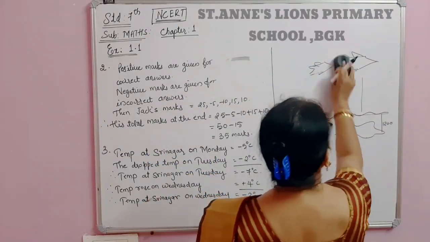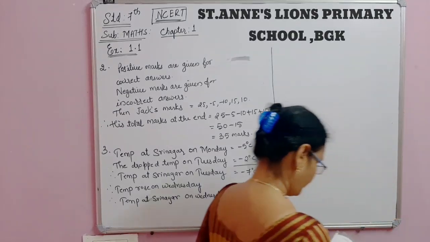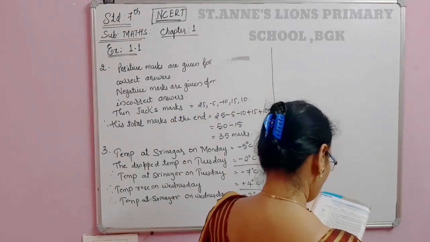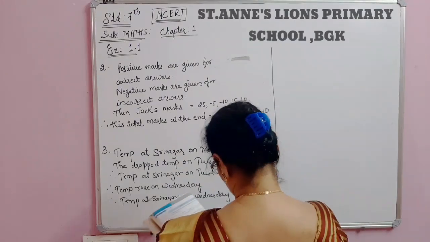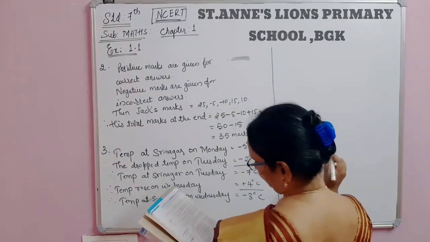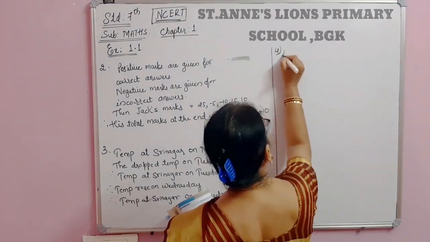Now I will give the steps for that. See here. A plane is flying at the height of 5000 meters above the sea level. The fourth problem.